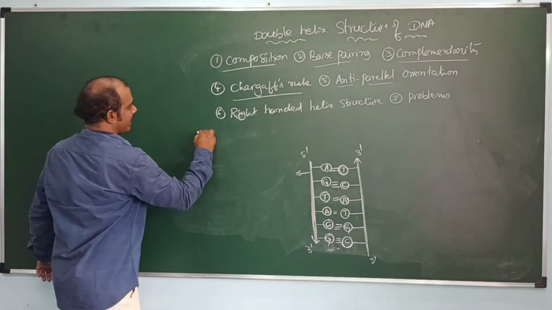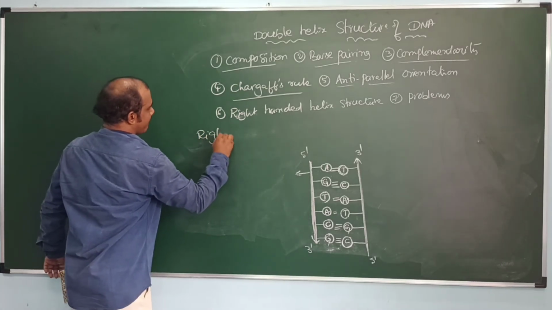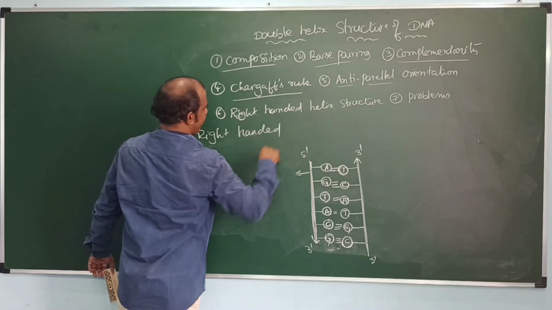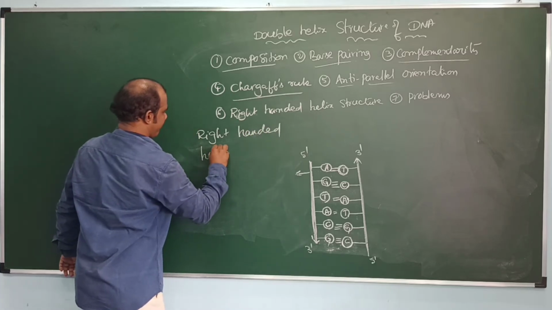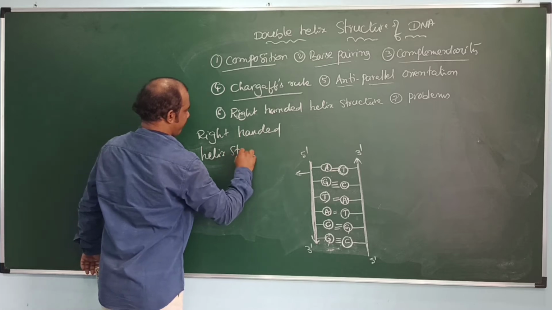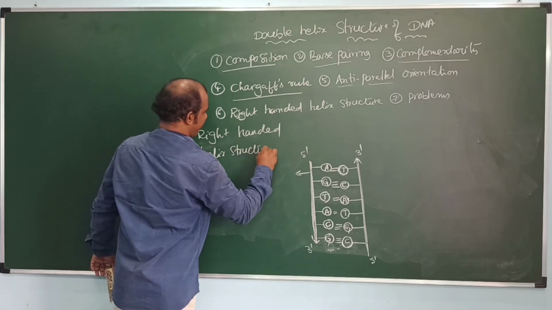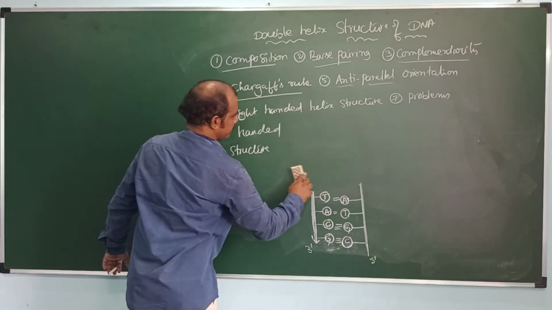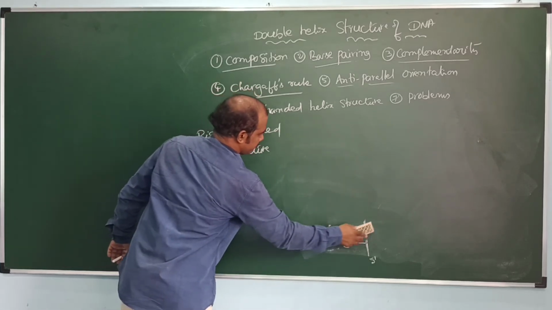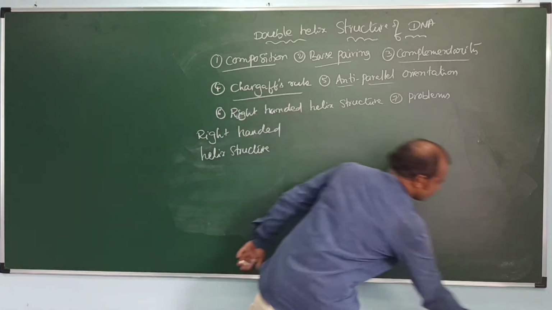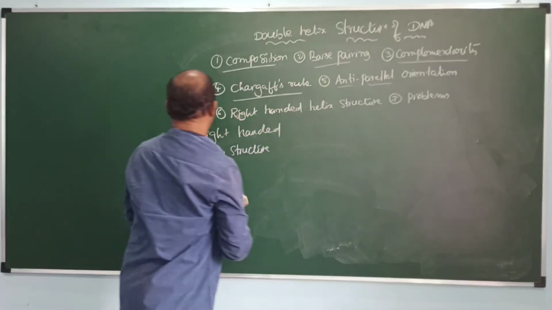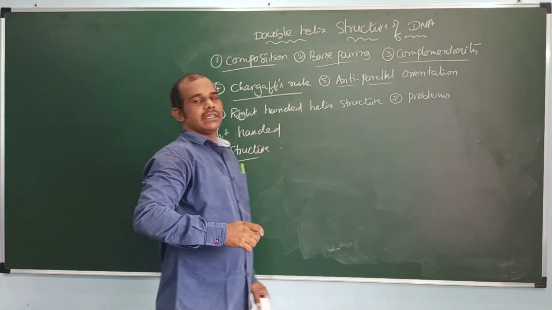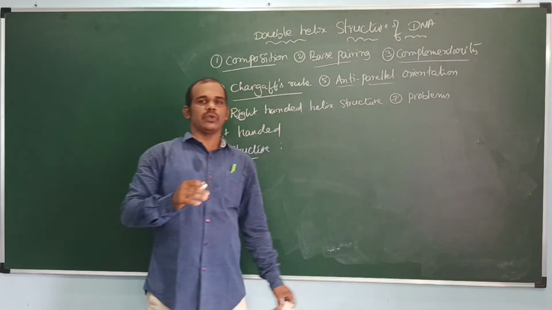What is right-handed helix structure? As we mentioned, the DNA is made up of two strands.